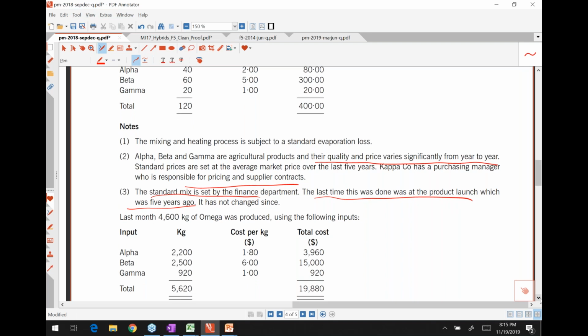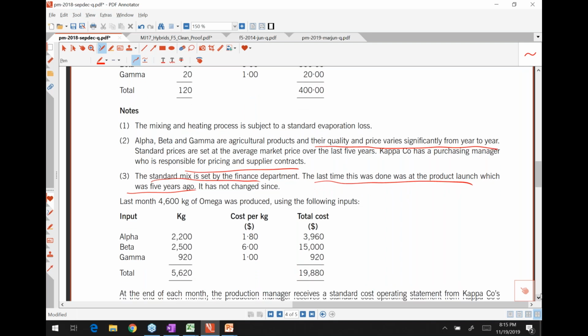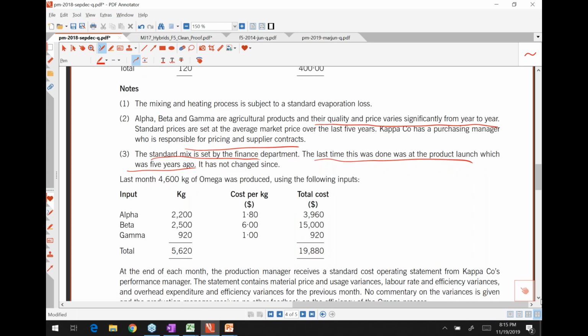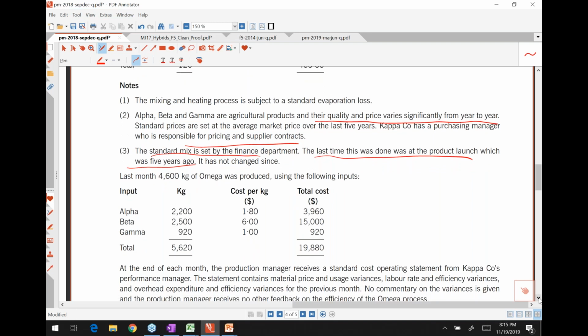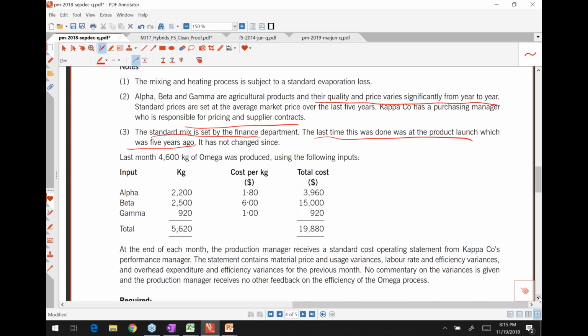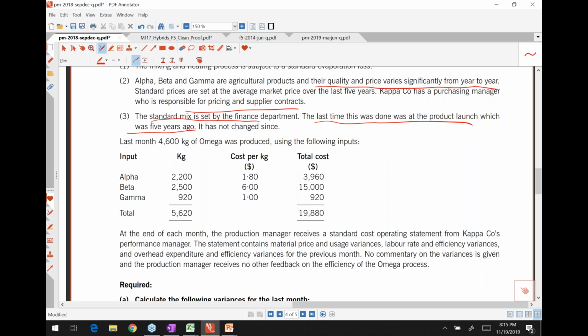We have the actual information. It says last month 4,600 kg of omega were produced using the following input, and we can see the actual details. Also, at the end of each month, the production manager receives a standard costing operating statement from the company's performance manager. I'm sure you all know what an operating statement is.